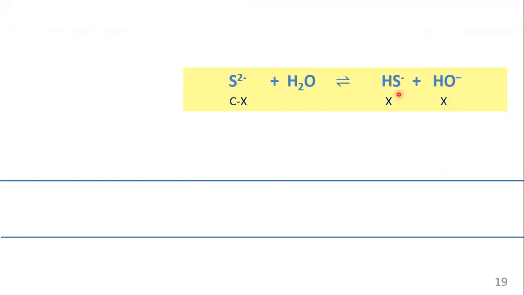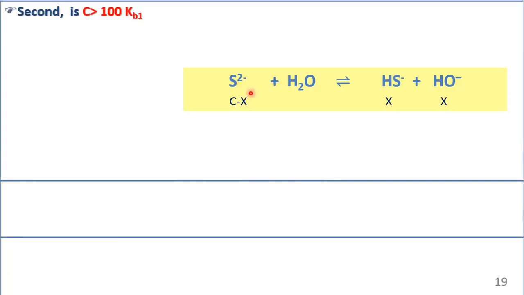Okay, so I put here C0 minus X, X and X, which is the concentration at equilibrium for this base. And now I just treat it as a normal base. What's my second step? Yes, you guessed it. Is C greater than 100 Kb? Well, check it out.